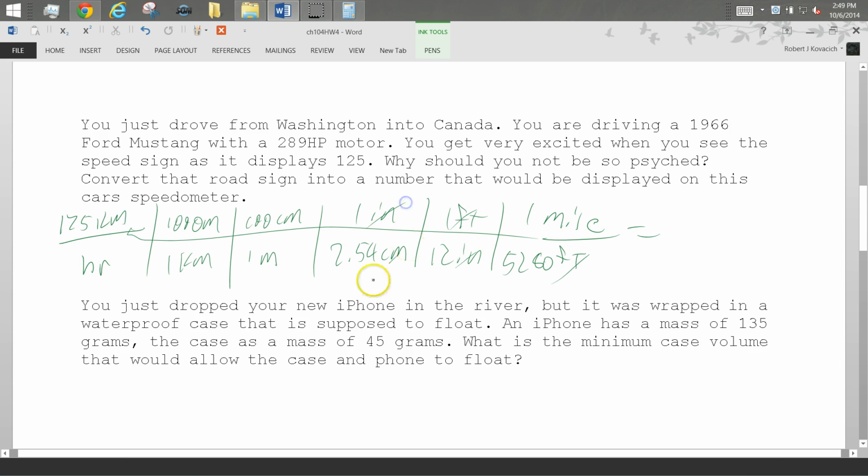Feet are gone, inches are gone, centimeters are gone, meters are gone, and kilometers are gone. And so now I have miles per hour.